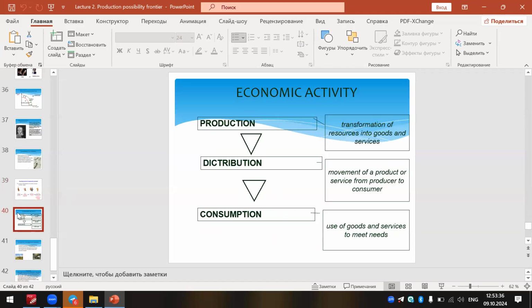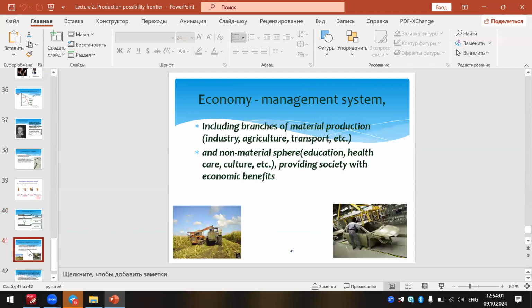Okay. And of economic activity, we have three types: production, distribution, and consumption. Production, as I told you, is the transformation of resources into goods and services. Distribution is the movement of products and services from producer to consumer, and consumption is the use of goods and services to meet needs.